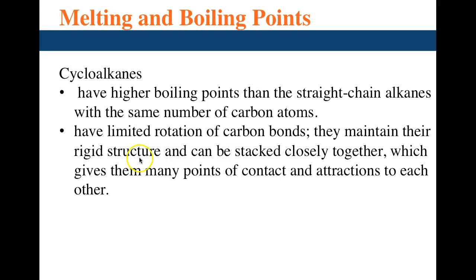The ring structure is rigid, and because of that rigidity, the rings can have more points of attraction between the molecules, and they can be stacked even closer than the straight chain alkanes, which means that they have higher boiling points.